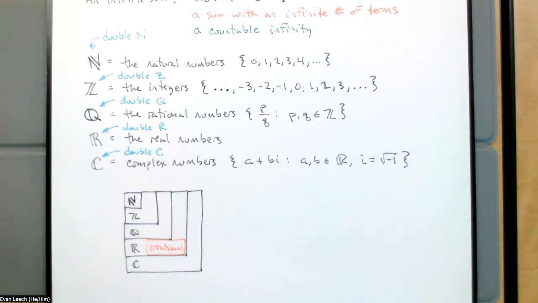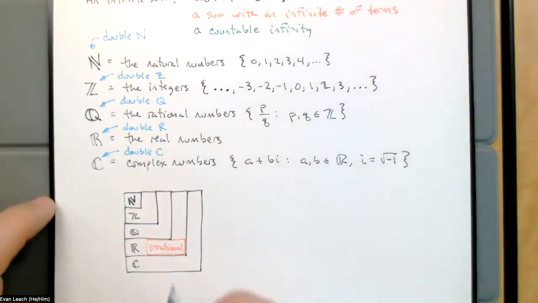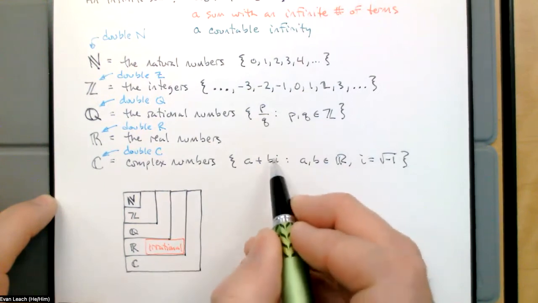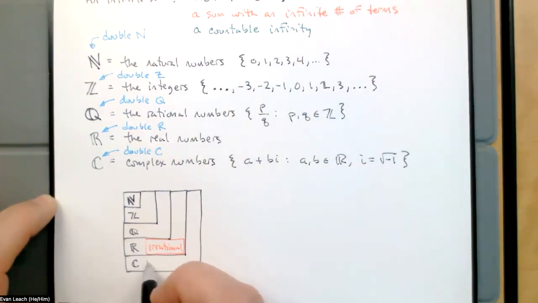Irrational numbers are real numbers. In the complex number set, we've got all those real numbers, but we've also got all the pure imaginary numbers. So over there, we'll have imaginary numbers, things with a factor of I in them. So that will be a subset of our complex numbers.